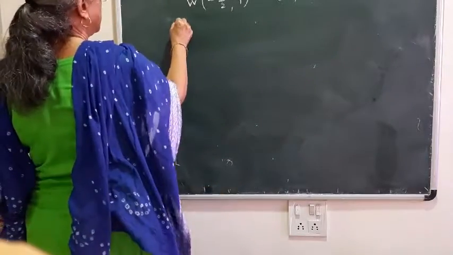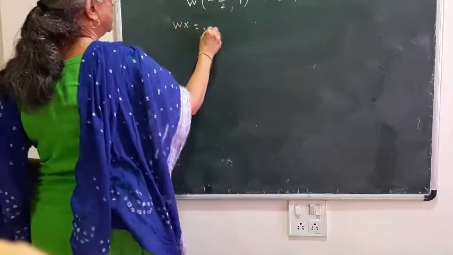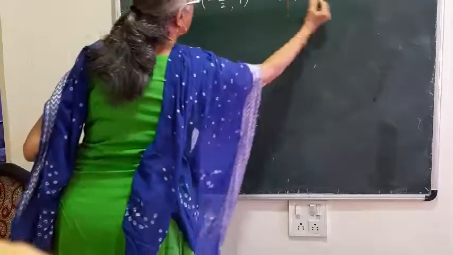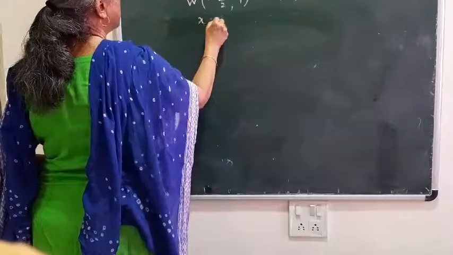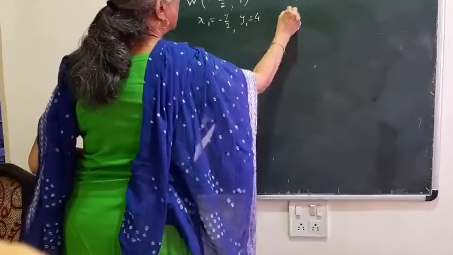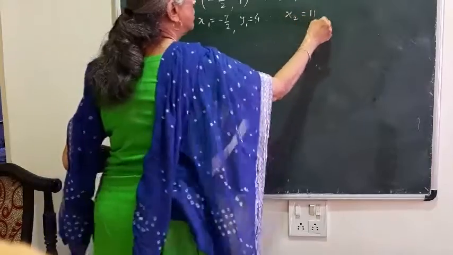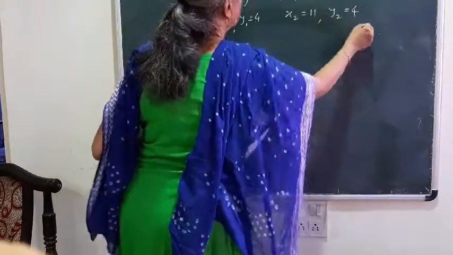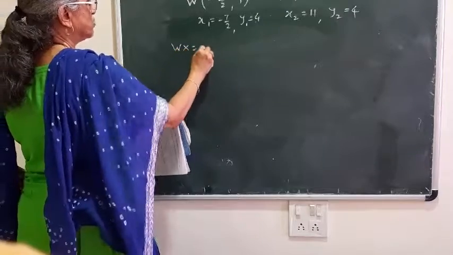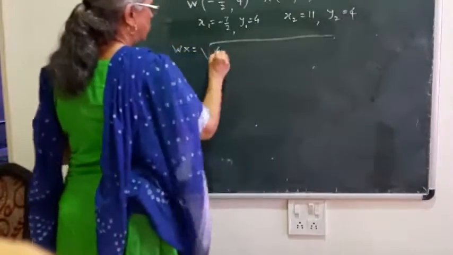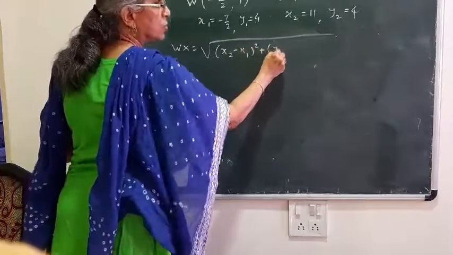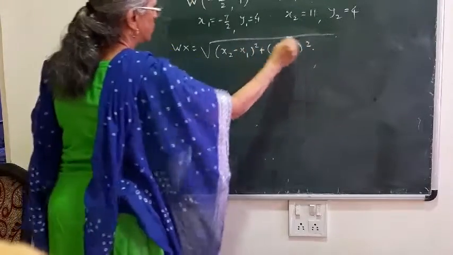Every time you should write that compulsorily. Here x1 equal to minus 7 by 2, y1 is equal to 4, x2 is equal to 11, y2 is equal to 4. So WX by distance formula is root of (x2 minus x1) bracket square plus (y2 minus y1) bracket square.